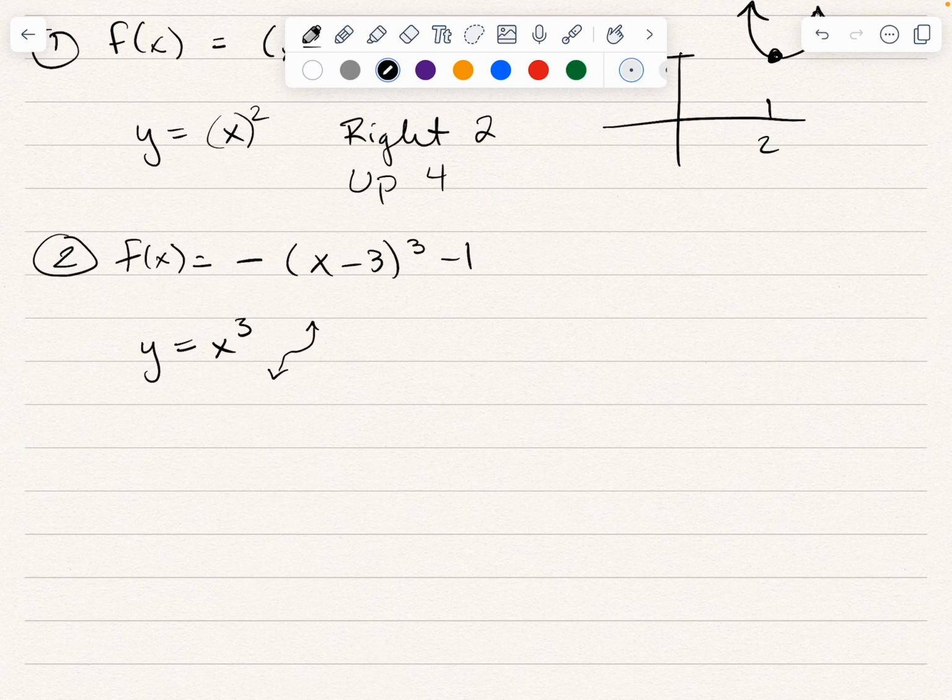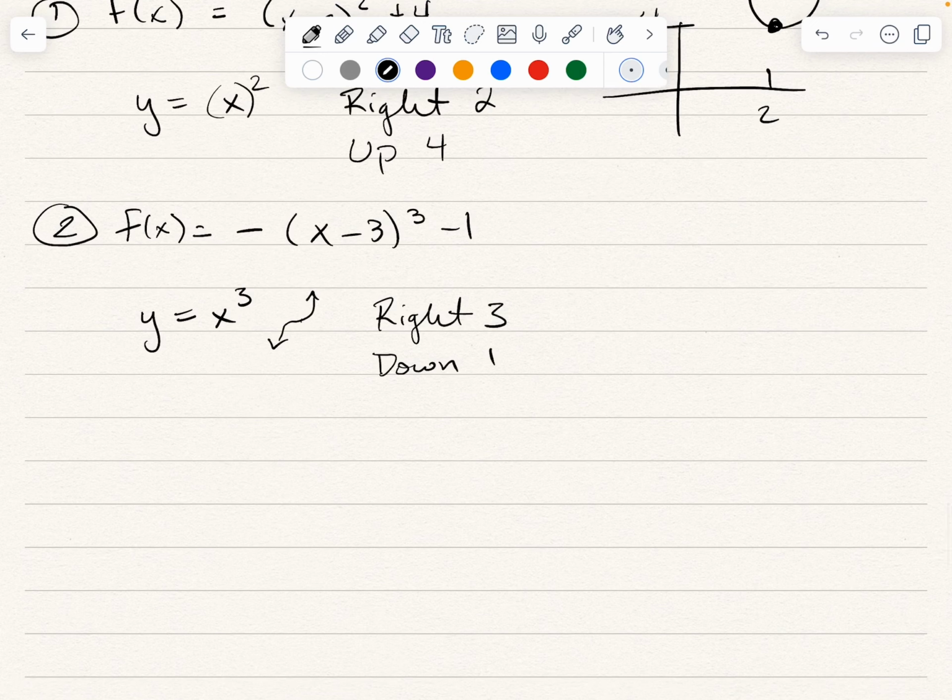The shift of minus 3 takes us to the right 3 and down 1 for the minus 1 on the end. So my cubic is going to go to the right 3, down 1. That's going to be the middle of that curve there.